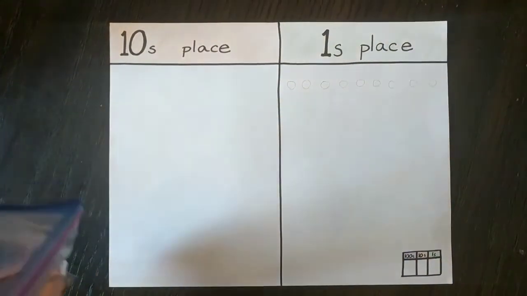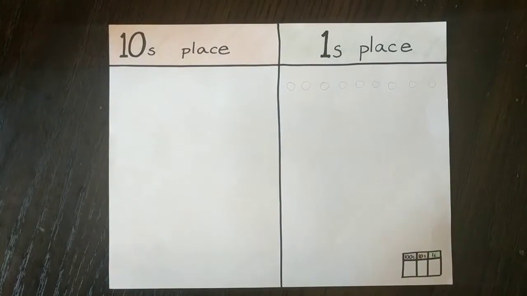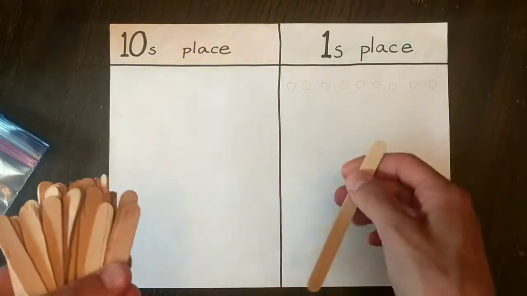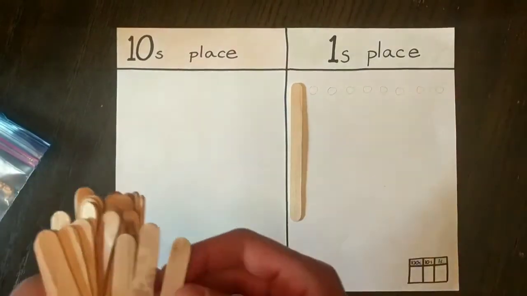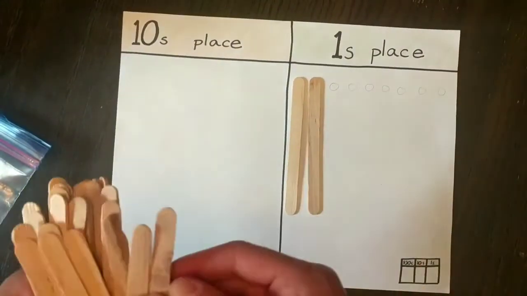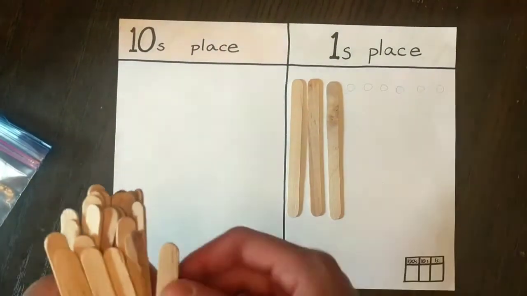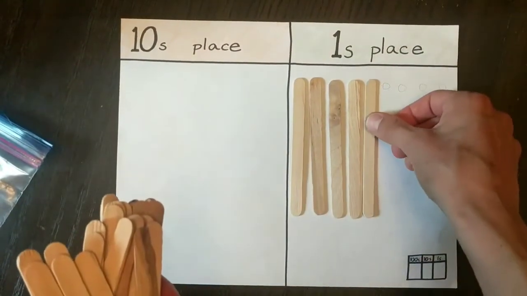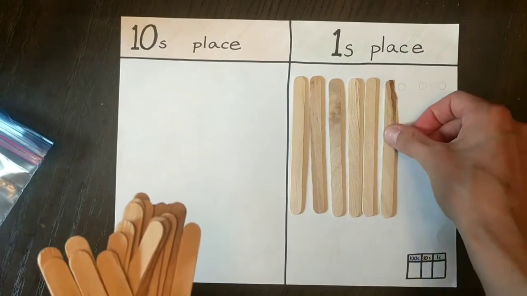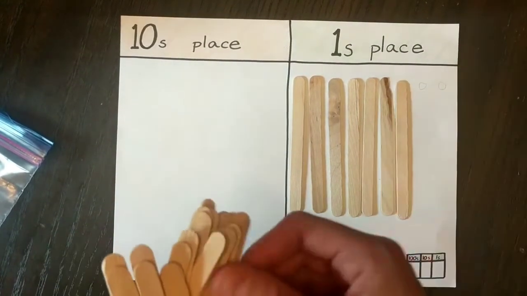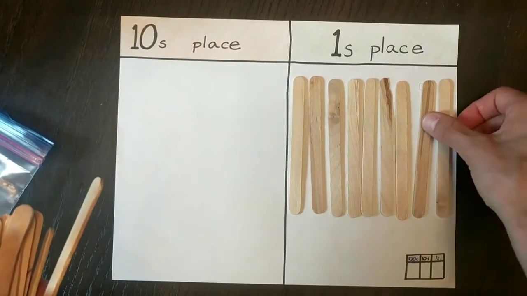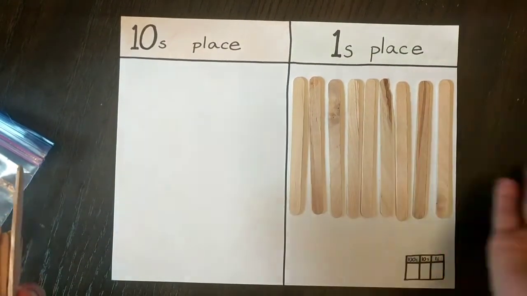So let's fast forward to day 10. On day 10, your student would pick 10 popsicle sticks. 1, 2, 3, notice I'm covering the dots. 4, 5, 6, 7, 8, 9, and then there are no more dots left.